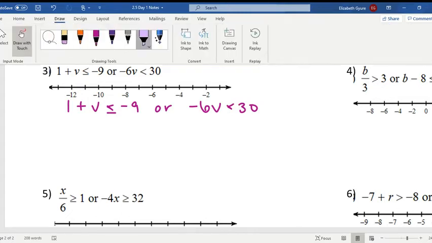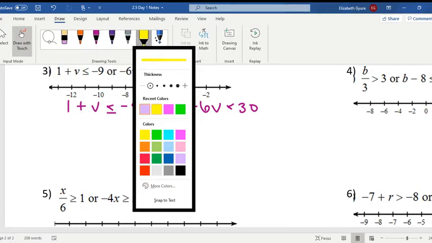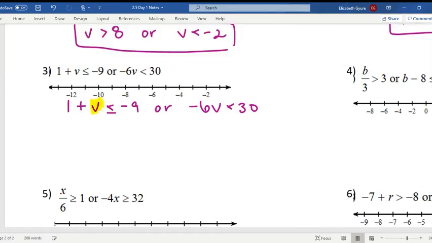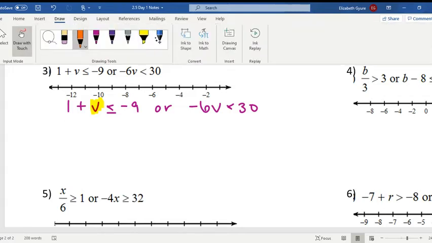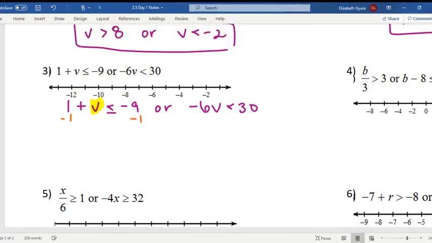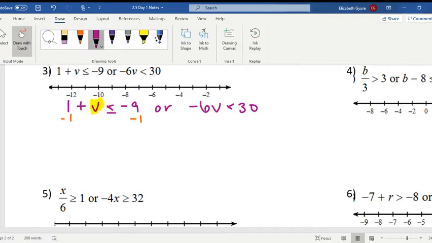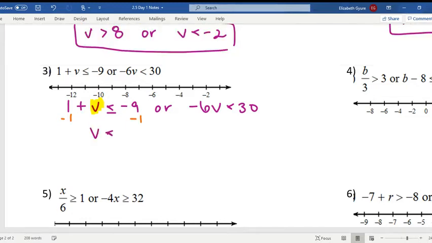We want to get v all by itself. So Hannah, what do you think we would do with this 1? Yep, we are going to subtract 1 from both sides. v is less than or equal to negative 9 minus 1.